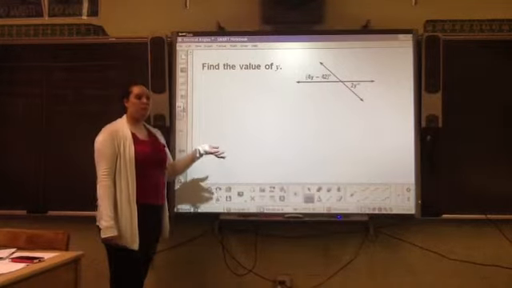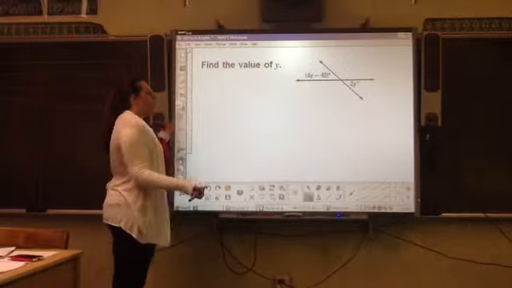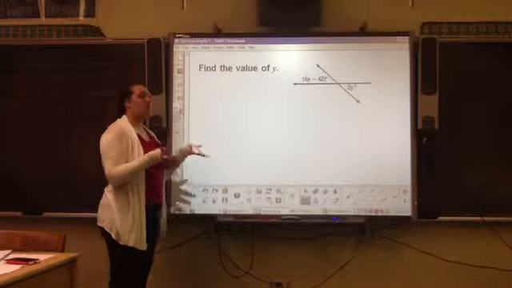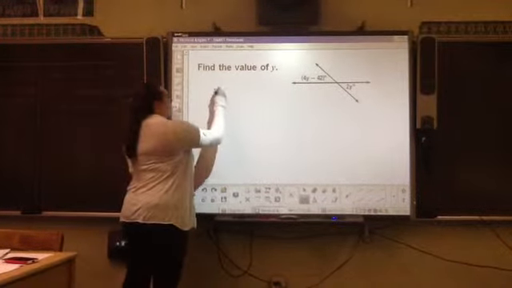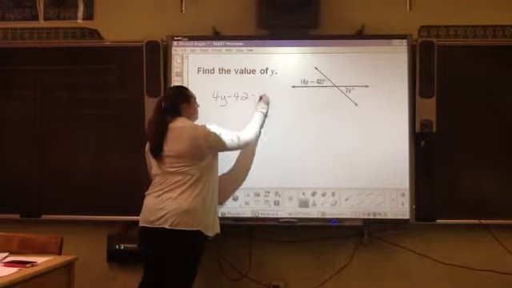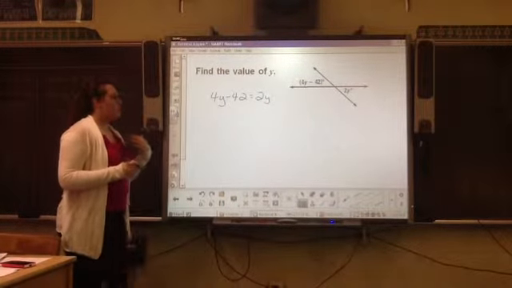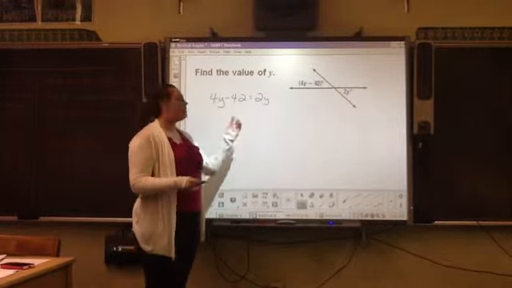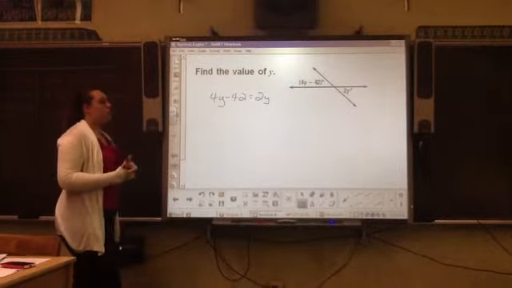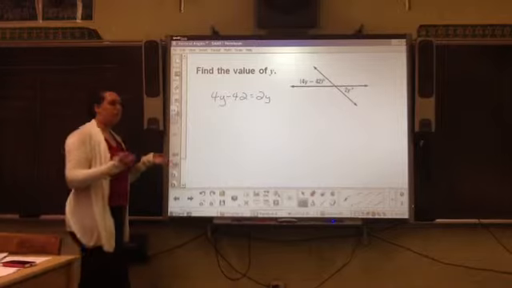And what do we know about the measure of vertical angles? They are the same. So now you can develop an equation like so. Because, back to the definition, this angle measure is going to be the same as this angle measure because they are vertical angles. And by the definition of vertical angles, the measures are going to be congruent.